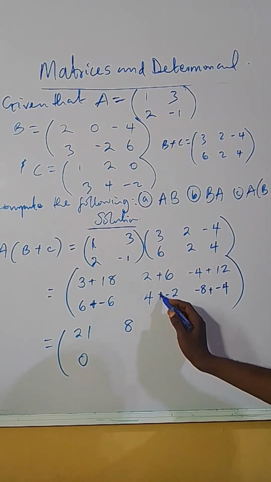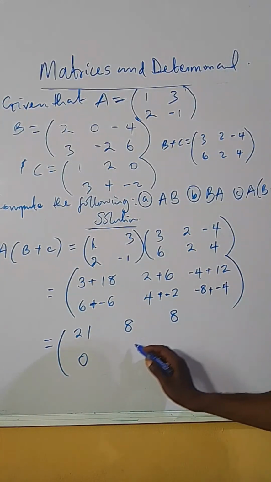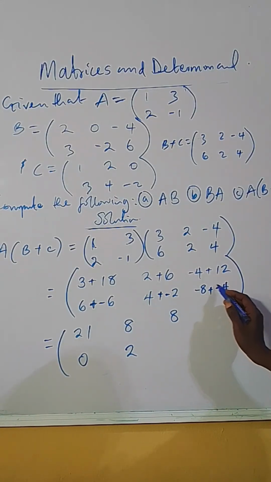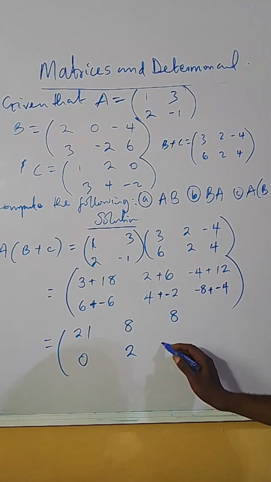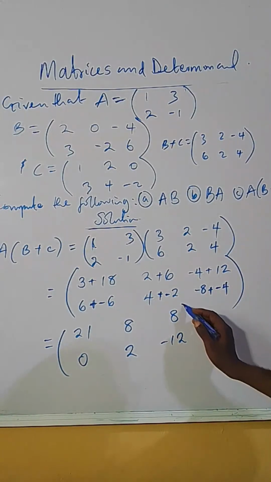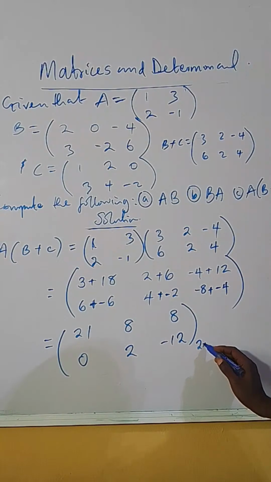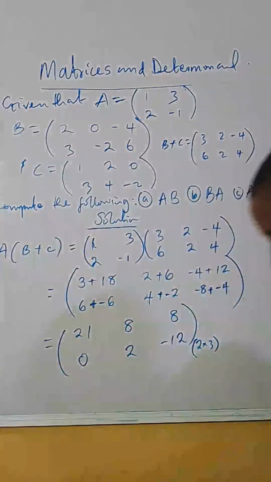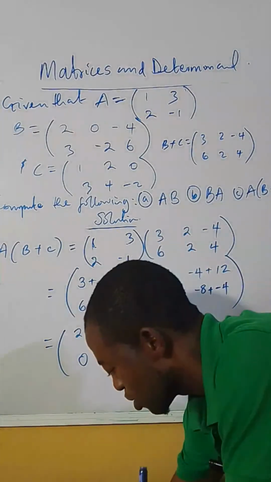This also is minus now. 4 minus 2, that's 2. Minus 8 minus 4. This also becomes minus. So minus 8 minus 4, that's minus 12. So we have also a 2 by 3 matrix here. So that is the solution to this particular problem on multiplication of matrices.